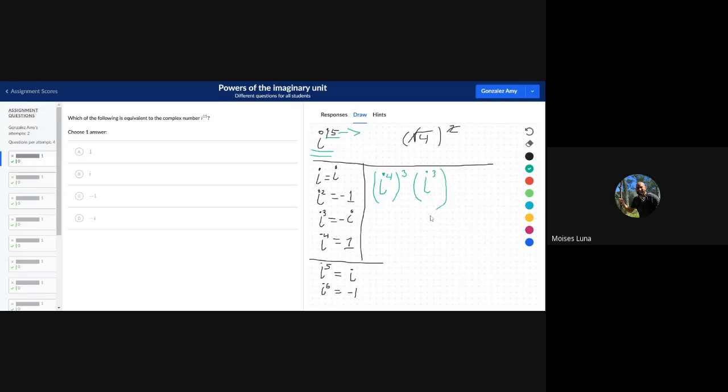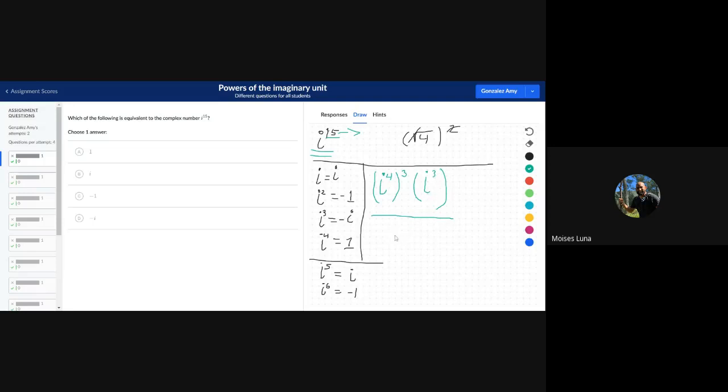What I'm trying to do is manipulate this number to get it to a place where I can substitute using this sequence. What we did here is 4 times 3 is 12, and 12 plus 3 is 15.